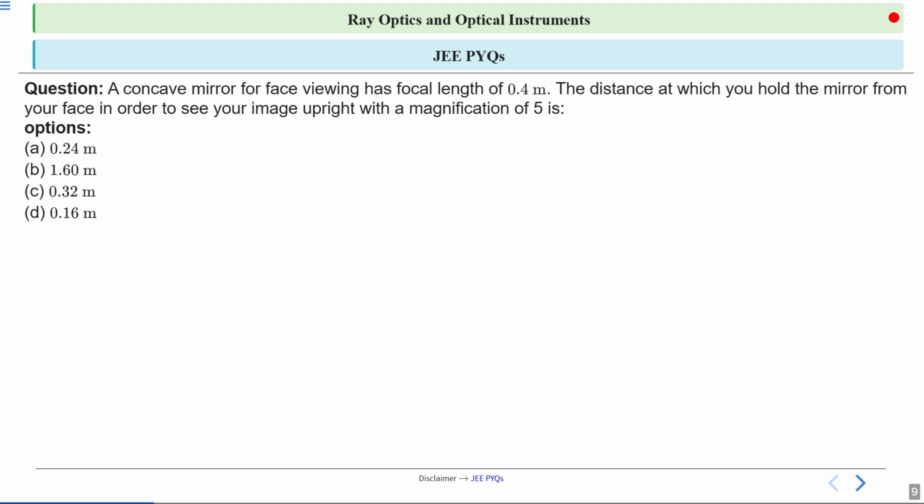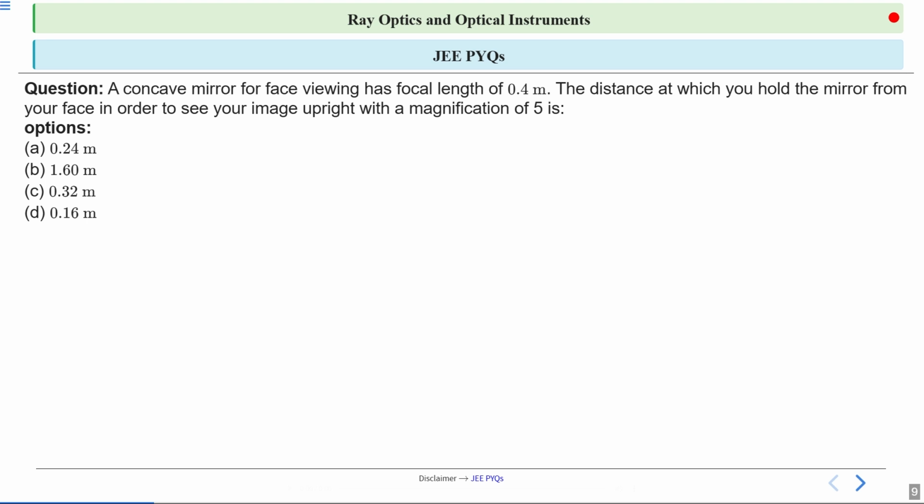Okay, so next question. In this problem, a concave mirror is given of focal length 0.4 meter. In order to see your erect image in the mirror with magnification equal to 5, at what distance should you hold the mirror from your face? Okay, so this question requires applying the mirror formula and magnification concept to determine the correct distance to hold the mirror for a specific magnification.